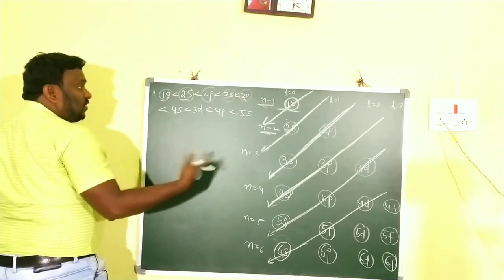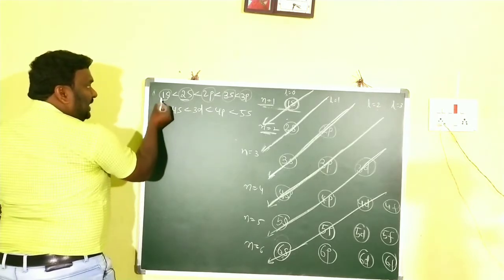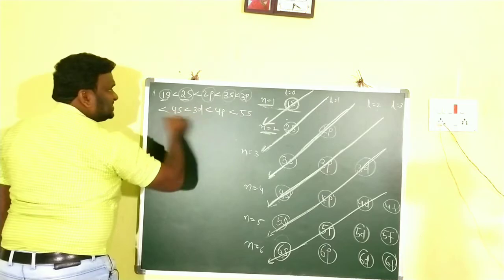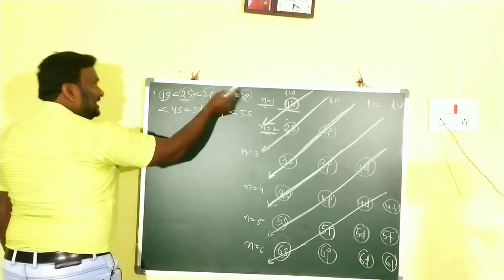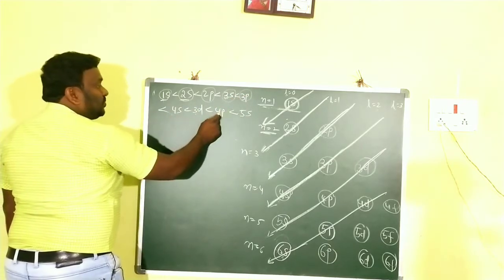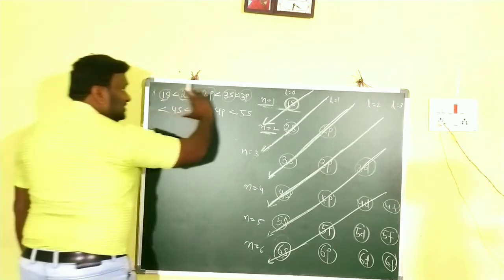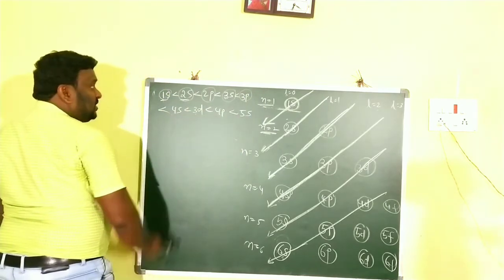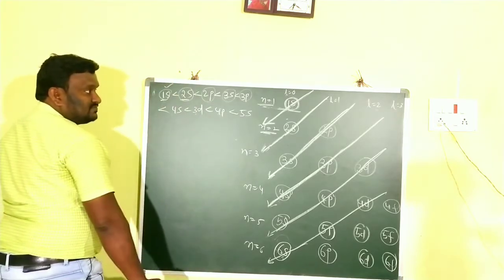That's why first we have to fill the lowest one. 1s is less than 2s, less than 2p, less than 3s, less than 3p, less than 4s, less than 3d, 4p, 5s. So 1s is lesser than all the remaining ones. That's why we have to fill 1s first.